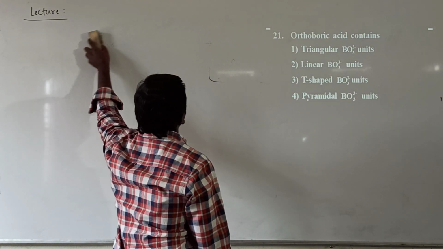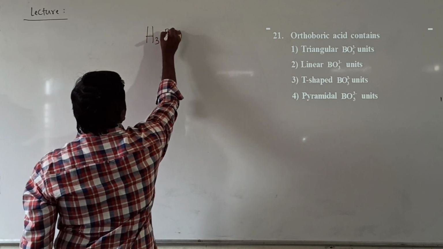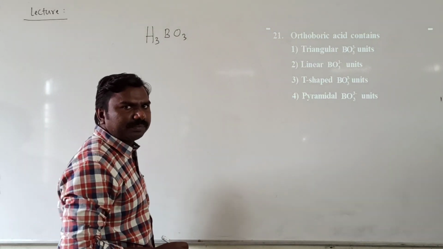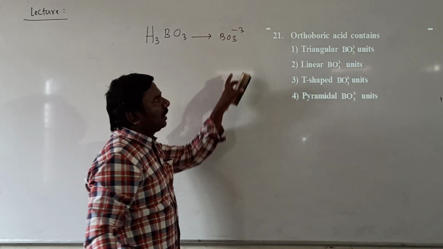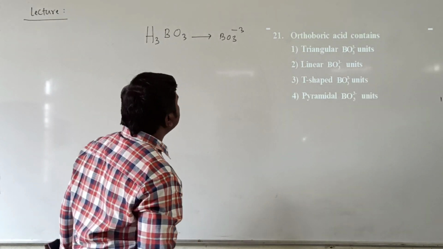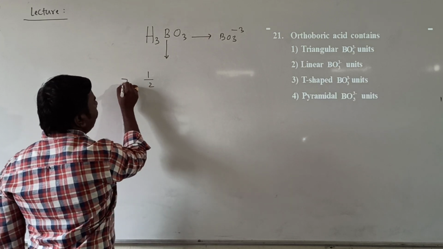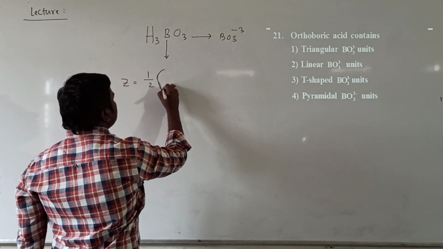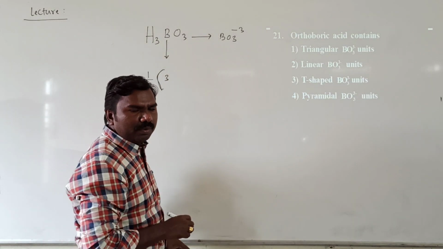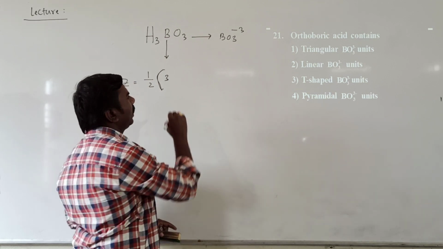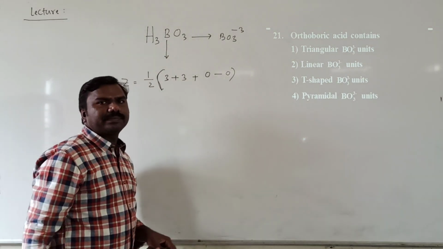Next. Orthoboric acid contains which units? Boric acid formula is H3BO3, so it contains BO3 3- units. Boron here: Z equals half into boron valence electrons 3, plus monovalent atoms, 3 hydrogens, plus no cations, no anions.